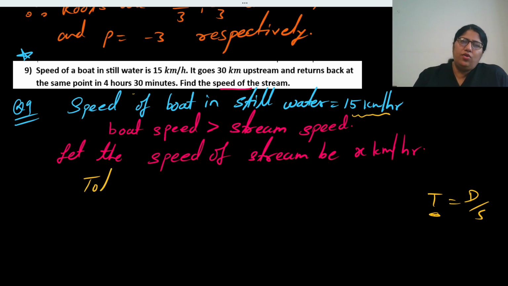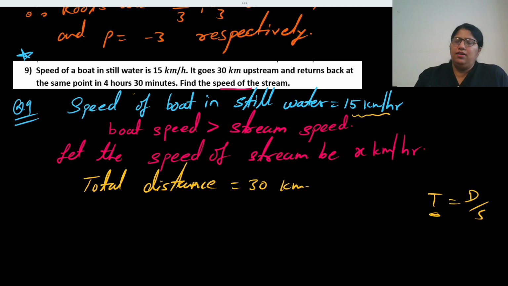So how much is the total distance? Total distance is going 30 kilometer, coming back 30 kilometer. Then you need to find out here, because 15 kilometer per hour is boat speed in still water and speed of stream is x kilometer per hour, you need to find out here speed upstream.